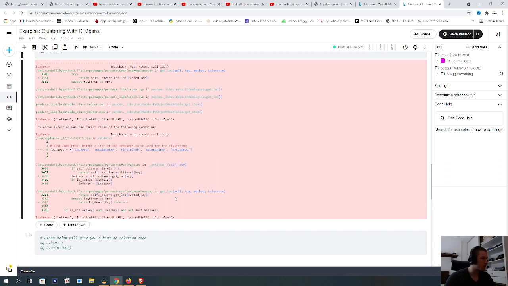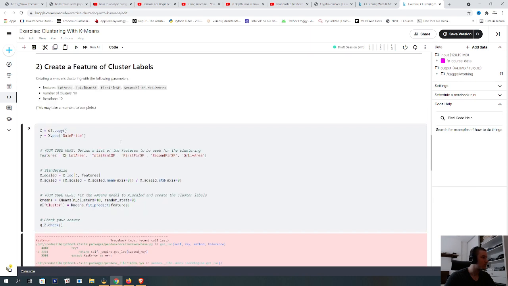Again, same problem. Maybe it's supposed to be a df copy. I don't understand why this is not getting the columns. It should be. Oh, maybe it's just features.